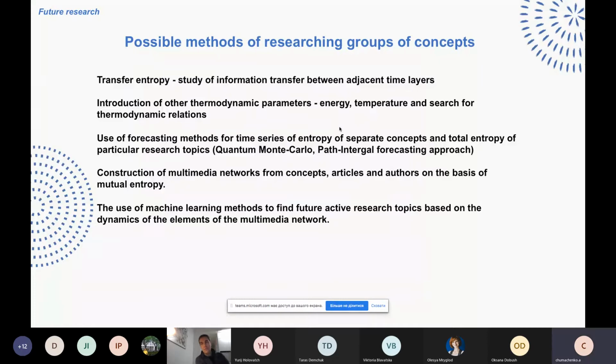No, it depends on how we introduce the temperature. There is a possibility to introduce it based on distribution of term frequencies. So we are fitting a distribution with a certain function. If it's 2-parametric or 3-parametric, it doesn't matter. Then there are methods discussed in information science on how, for such a distribution, we have a corresponding definition of a temperature.